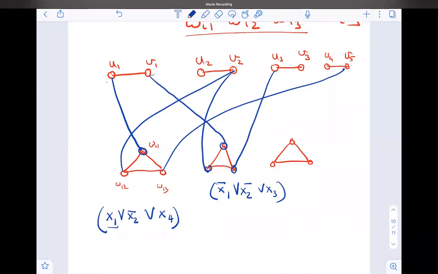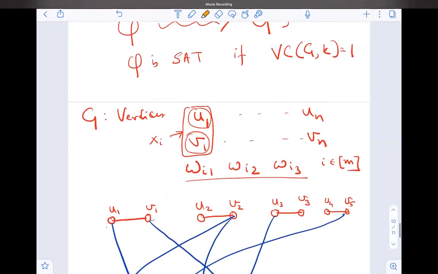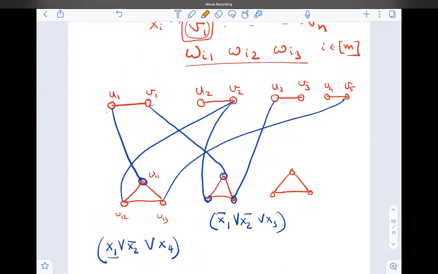Okay. Now, what is the useful thing about this? First of all, let us say that there is a satisfying assignment of the formula. That means there is a set of assignments of the formula such that every clause is satisfied.